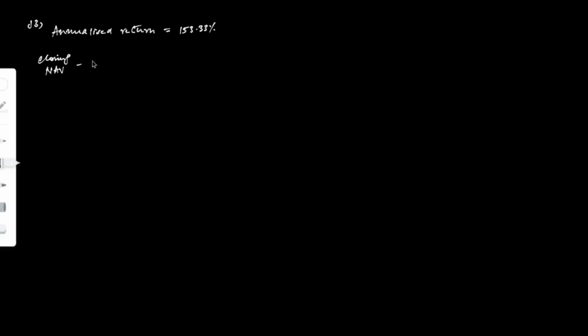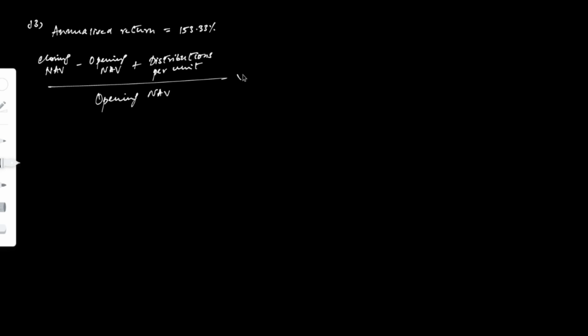Closing NAV minus opening NAV plus distributions per unit, divided by opening NAV, into 12 by holding period, is equal to 153.33%.